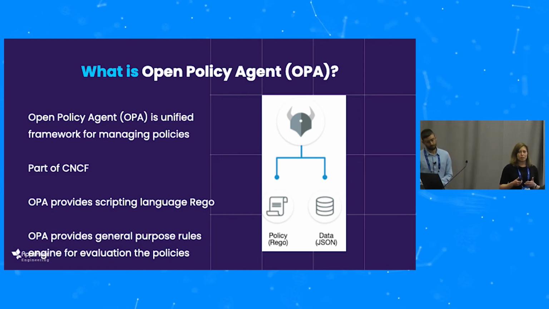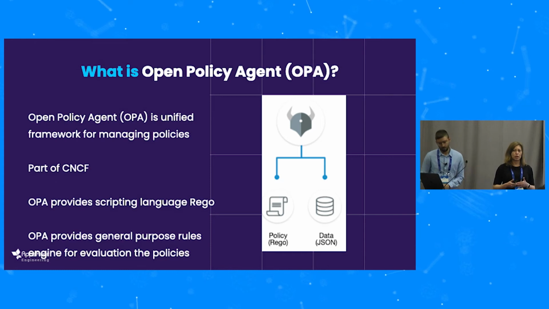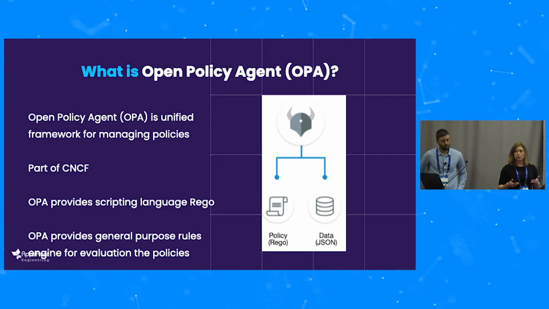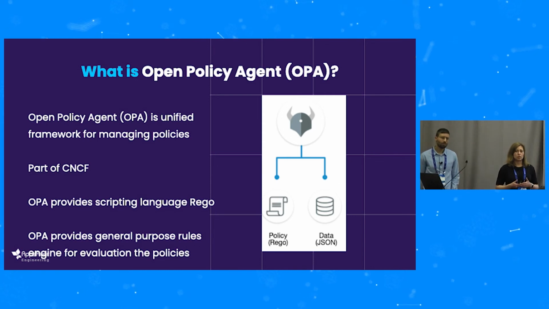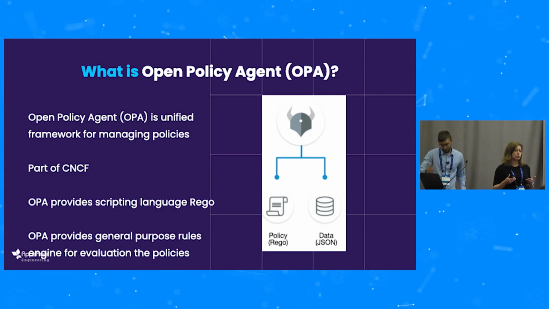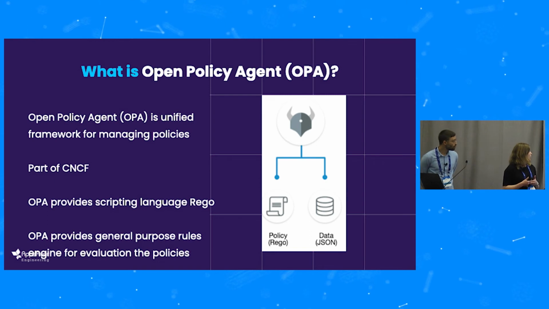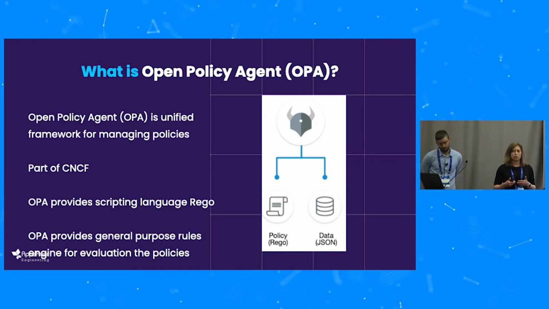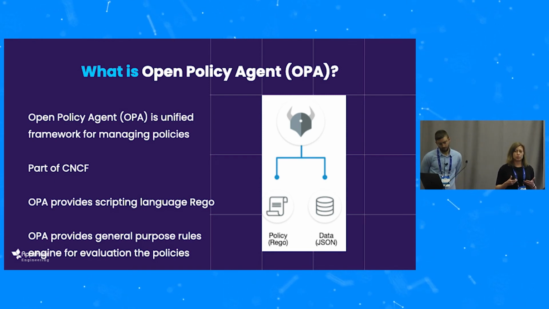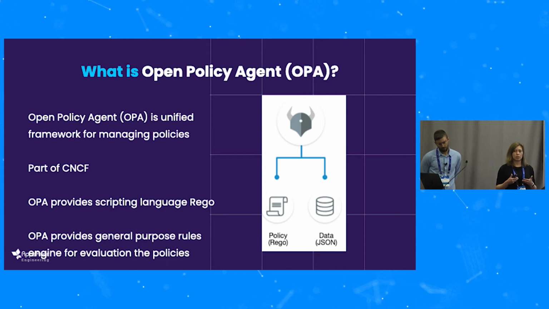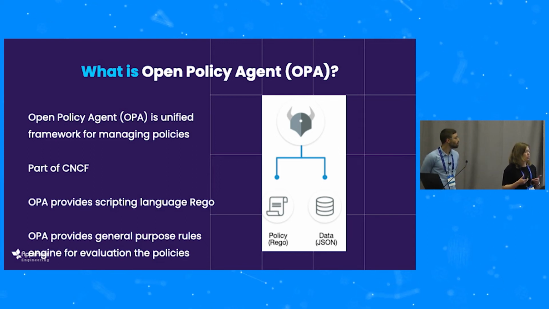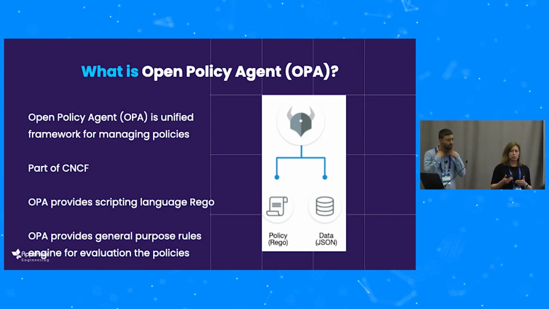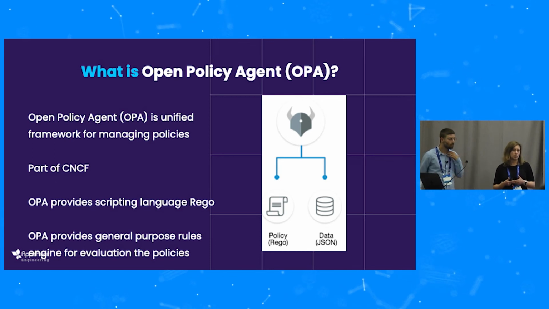It has a very flexible scripting language called Rego that makes it pretty easy to write different authorization rules. It also provides an evaluation engine, so you can write these policies in Rego, and the evaluation engine can help you evaluate all these rules. Now, you can write different kinds of policies, not necessarily for authorization use cases.